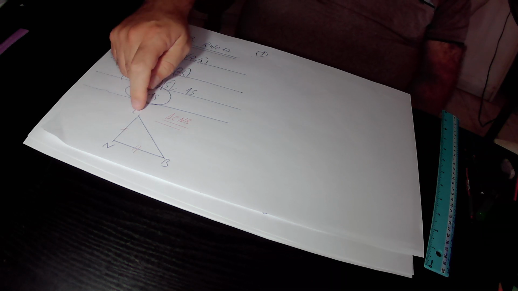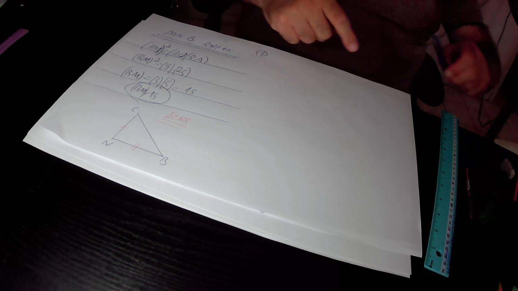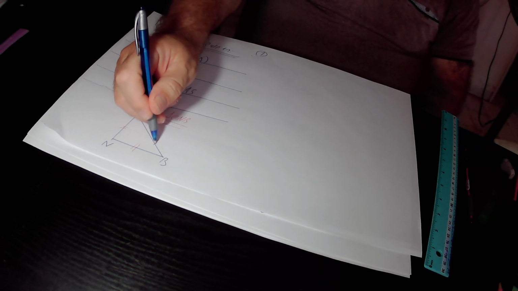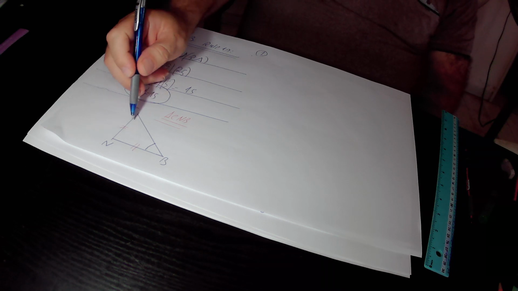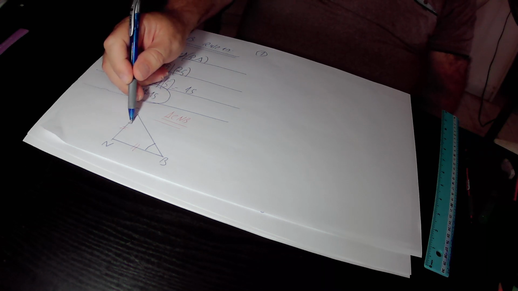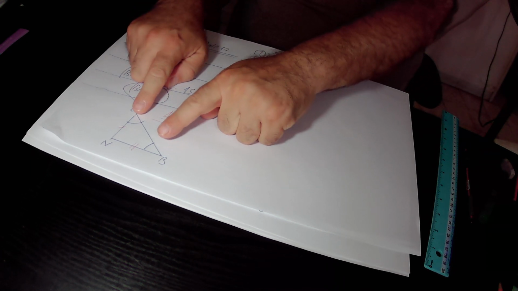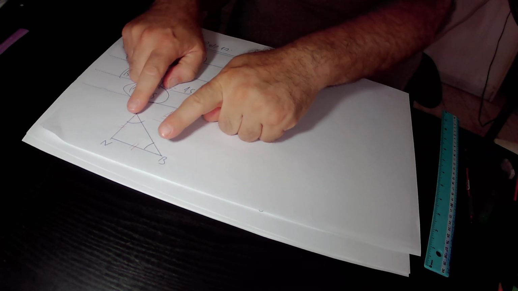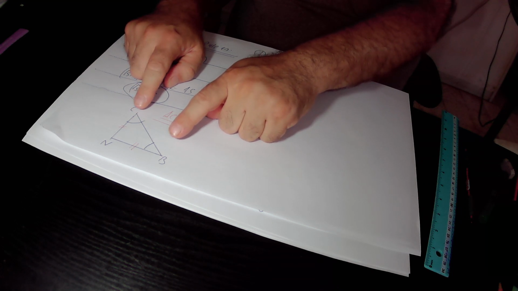So in front of this side CN, we have this angle, that is actually angle CBN. In front of this side NB, we have this angle, that is angle NCB. And because of the fact that those two angles are in front of those two equal sides, they must be also equal to each other. That is to say, the two angles have the same size.